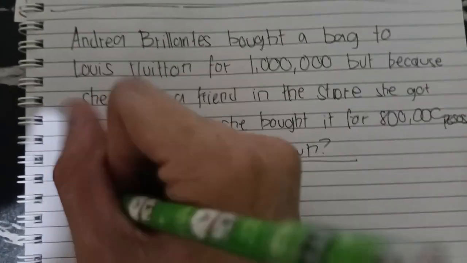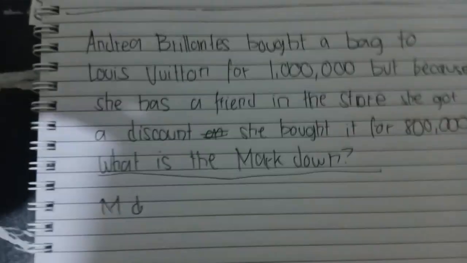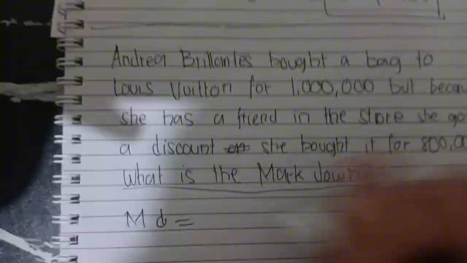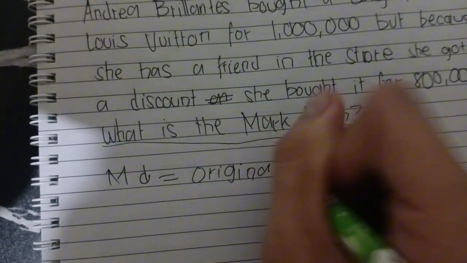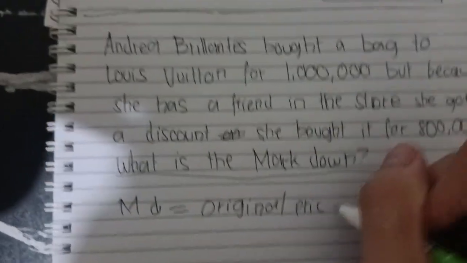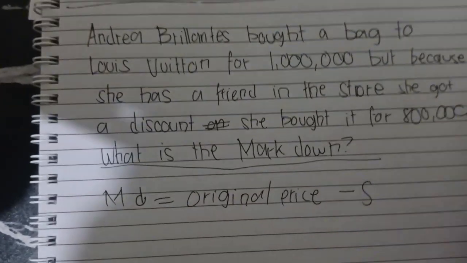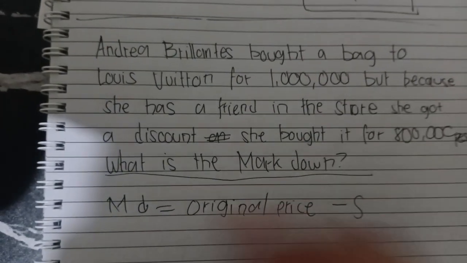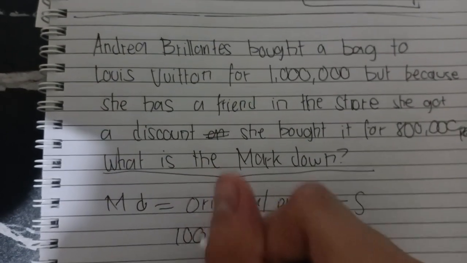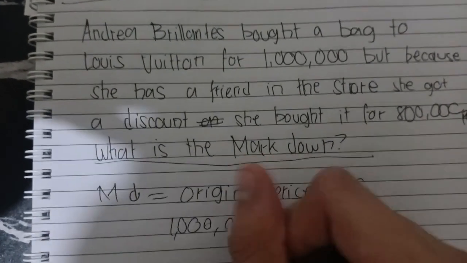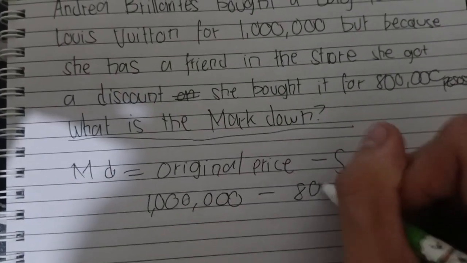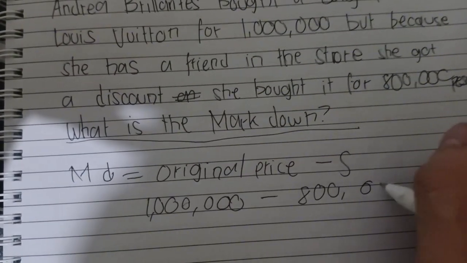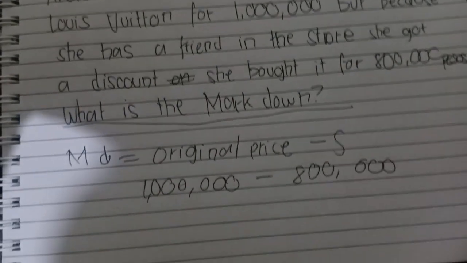So, to compute that, ito yung formula natin para sa markdown. Markdown is equal to original price minus the selling price or the discounted price. So, original price natin is 1 million minus yung naging discount price natin is 800,000 pesos.